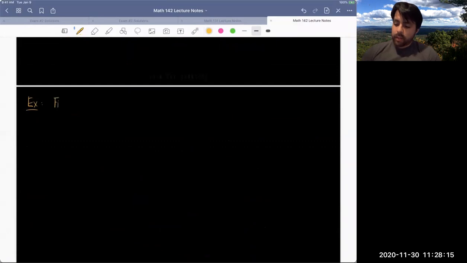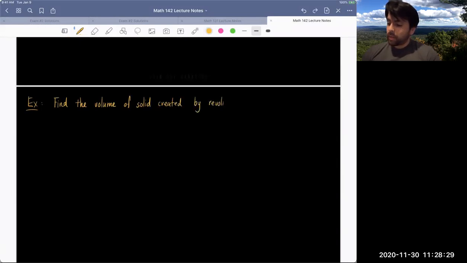Find the volume of the solid created by revolving the region bounded by the following functions around the y-axis.